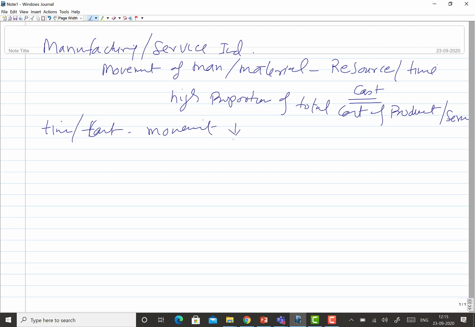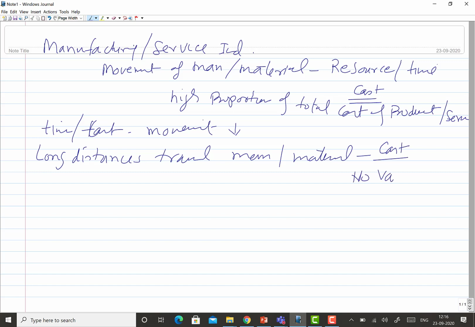Because if long distances are unnecessarily traveled by the man or material in course of production, then it simply leads to higher cost and no value addition.